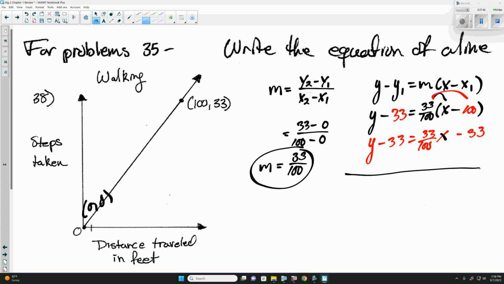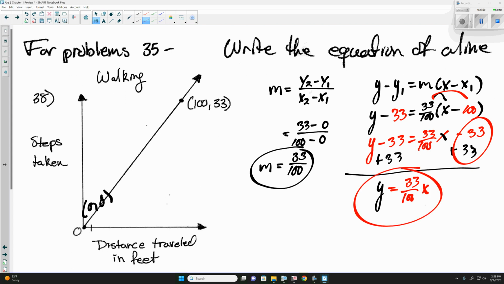And when we add 33 to both sides, we just get y is equal to 33 over 100 x. So our negative 33 plus 33 is 0, and we get the same equation. So either point we use, we still get to the same spot. Does that make sense? So with x1, y1, we just need to pick one and plug it into the equation. Zeros are always nice because anything times 0 is 0.